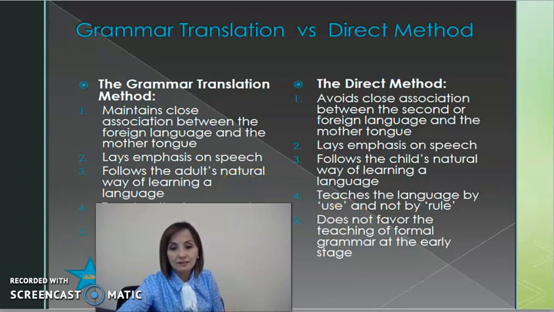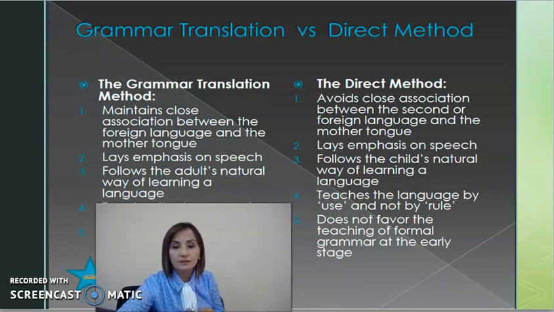And the next difference is it teaches the language by rule, not by use. But vice versa of it, in the direct method, it teaches the language by use, but not by rule. This is the biggest difference between grammar translation method and the direct method.